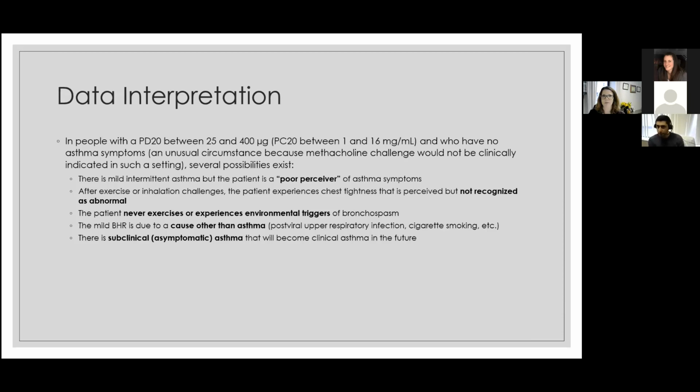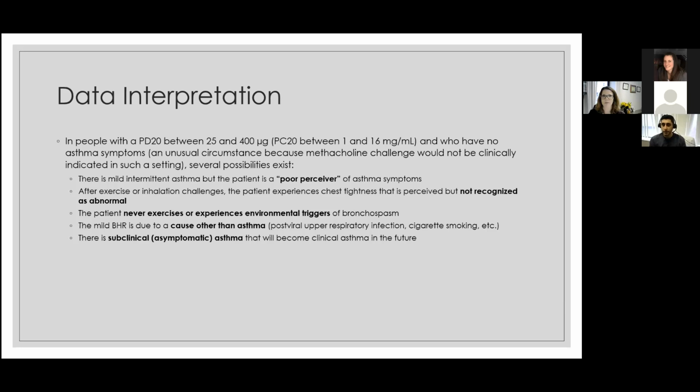In people with a PD20 between 25 and 400, or with the PC20s between 1 and 16, and who have no asthma symptoms, which is probably an unusual circumstance because methacholine challenge would not be clinically indicated in that setting, there can be several possibilities. One being that there is a mild intermittent asthma, but the patient is a quote unquote poor perceiver of asthma symptoms.